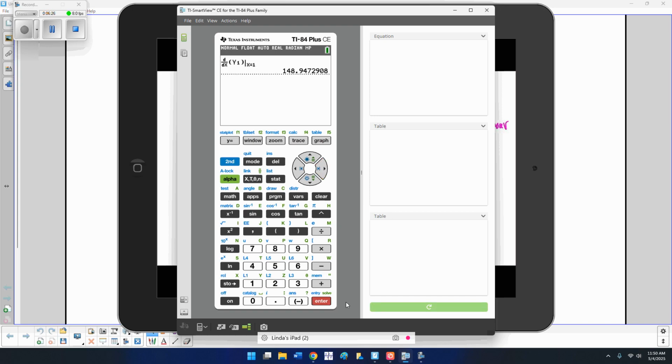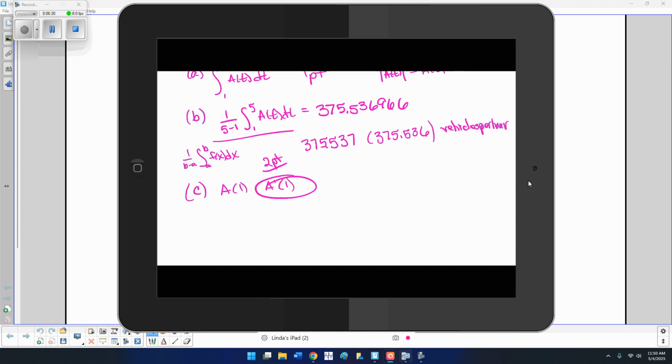So it's going to give me a value of about 148. So A prime of 1 is about 148.9472727.